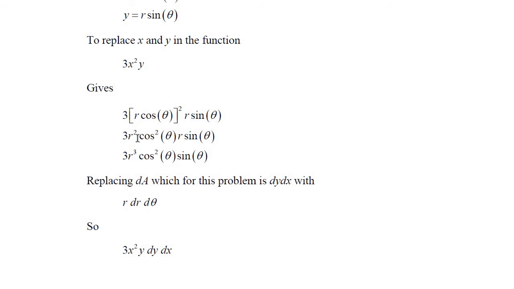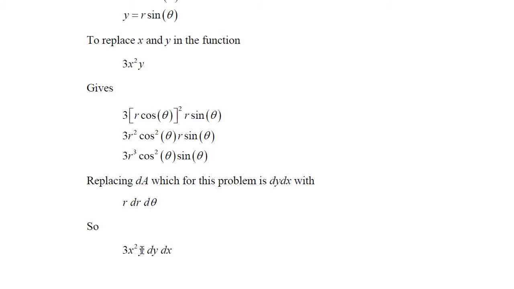So this gives me 3r squared cosine squared theta times another r sine theta. And then when I simplify that nicely, that gives me 3r cubed cosine squared theta sine theta. I am going to replace the dA, which in this problem happens to be a dy dx, with r dr d theta.